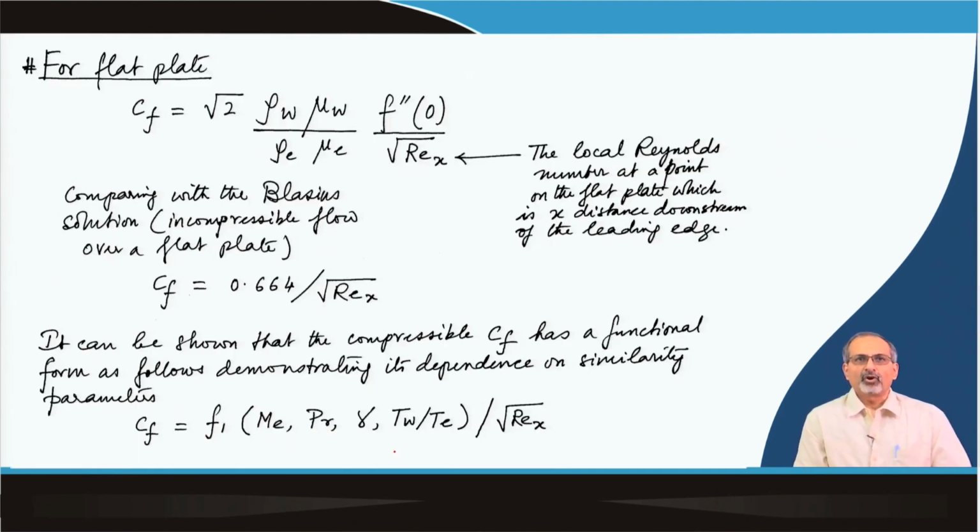Now, for the flat plate, the transformed relation for CF will simplify a little further. That is also left as a homework problem for you to check for yourself, and you will find that it comes out to be like this. The local Reynolds number at a point on the flat plate is what is indicated using Re_x.